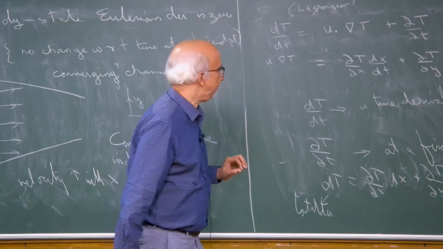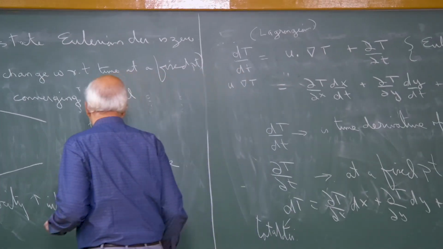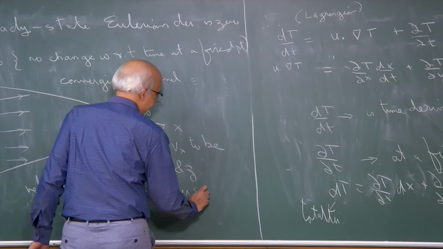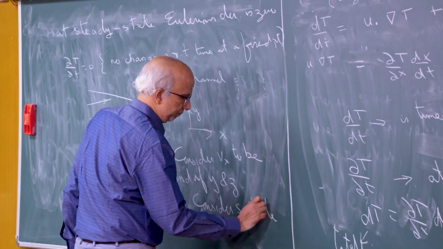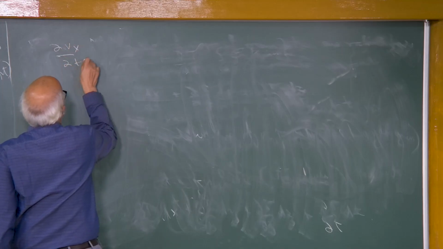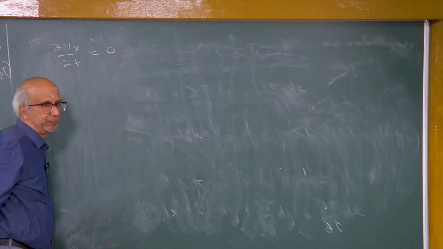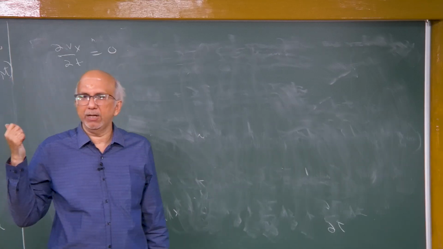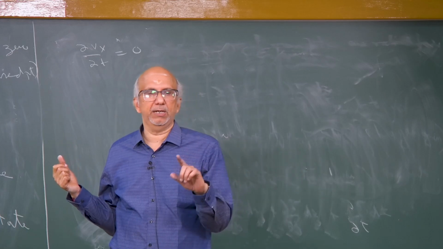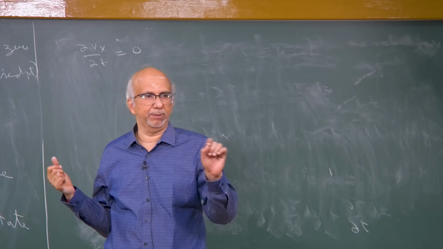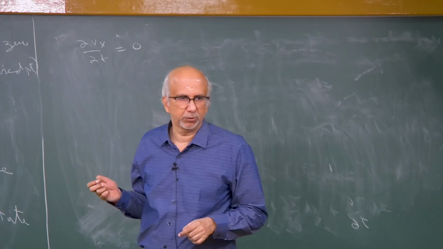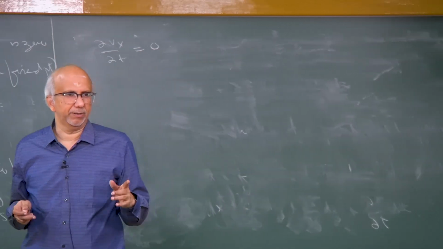So if you have the steady state situation, consider steady state. That means dVx by dt is equal to 0. Okay. I wrote the earlier relationship between the Lagrangian and the Eulerian for temperature. I am going to now write the same thing for velocity in the x direction. Okay. With any property, it does not matter, I just chose temperature.